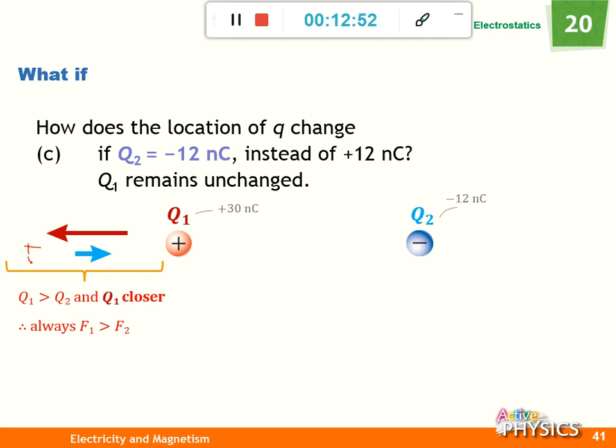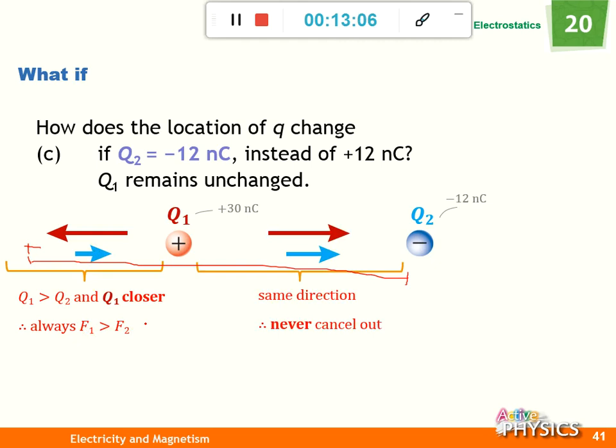But here, too far away, they may not cancel each other, because F1 is always greater than F2. On the other side, in between, what happened?